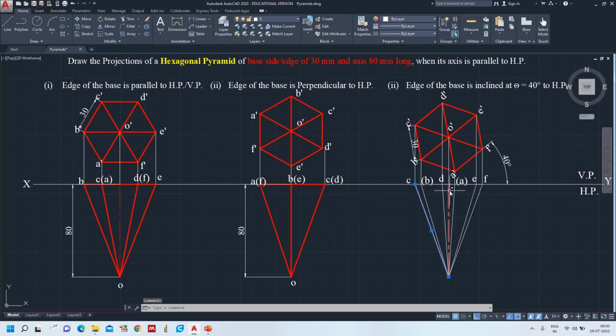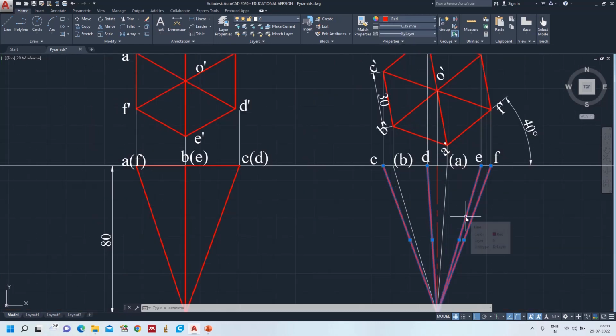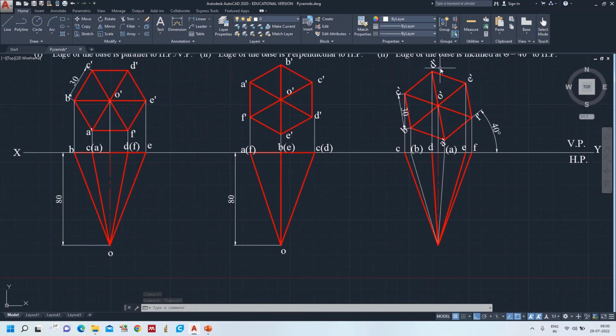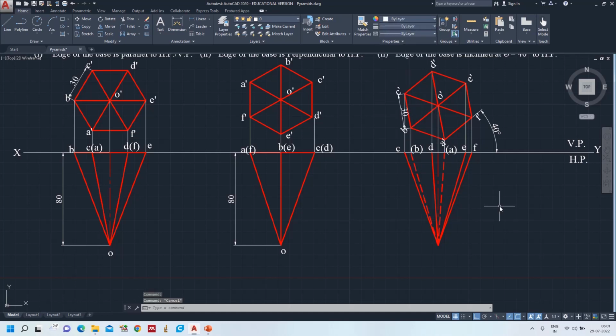So CO, DO, EO, FO are clearly visible edges. Perfect. Now, as I said, BO and AO are invisible to the observer because these 2 are inside these points. Select this one and then represent with the dashed line. Yes, now the base is very clearly visible.